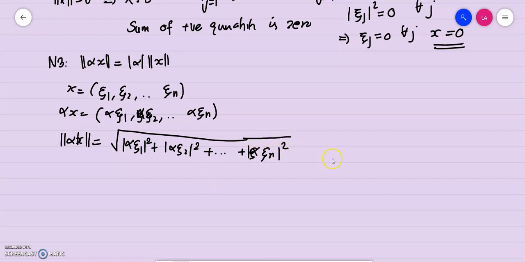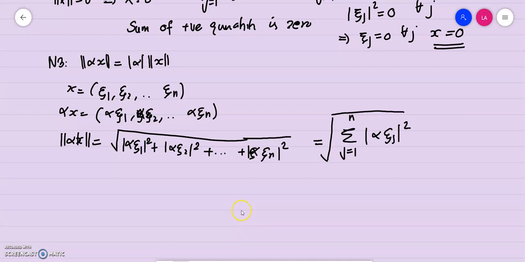Which can be written as summation j equal to 1 to n of modulus of alpha theta j the whole square, and its square root. So this is what norm of alpha x actually means.